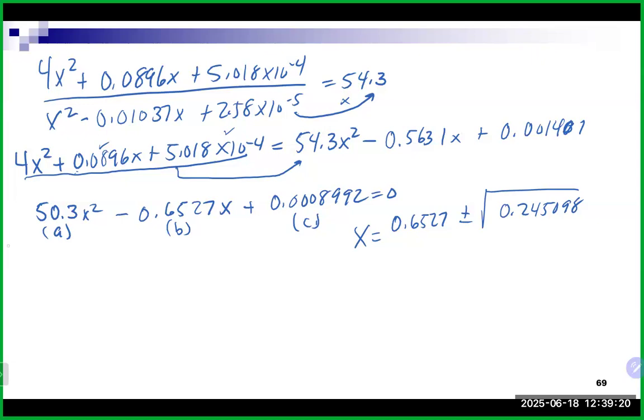If we take the square root of that, it's going to get us 0.4951. That's all going to be divided by 2 times our 50.3, which is 2 times a, 100.6, I hope. That's going to give us 2 x values, and we're going to hope for the best here.